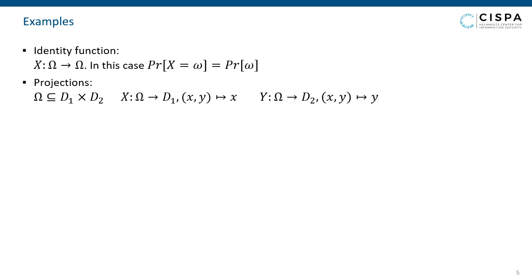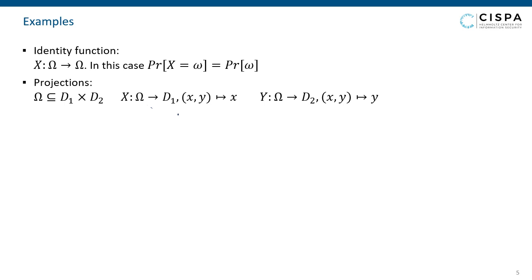Next, projections can define random variables. If we have some sample space Omega, which is contained in D1 times D2, then we can define two projections, X, which maps from Omega to D1, and for some (x, y) in Omega, the output of X is just the projection on this little x.